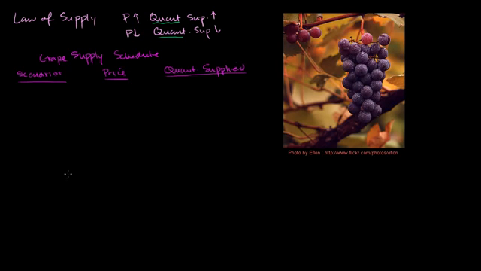And so let's just say scenario A, if the price per pound of grapes is, let me just do round numbers, but you get the idea, if the price per pound is $1, let's just say for us, we consider that to be a relatively low price.